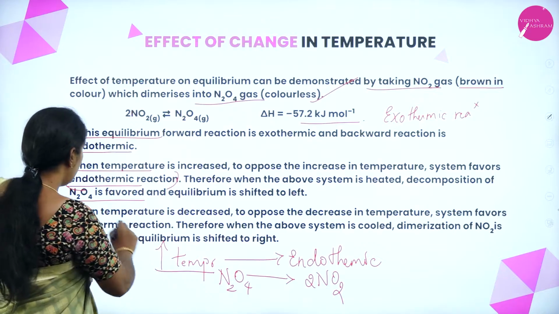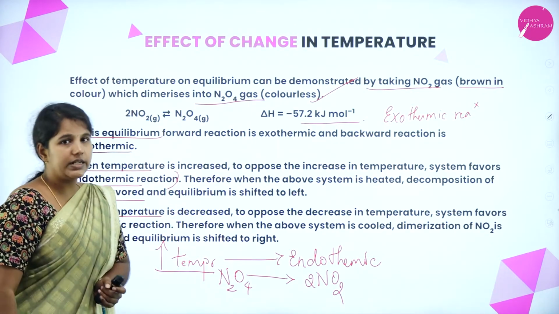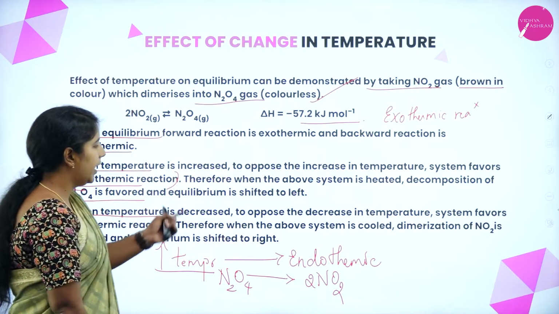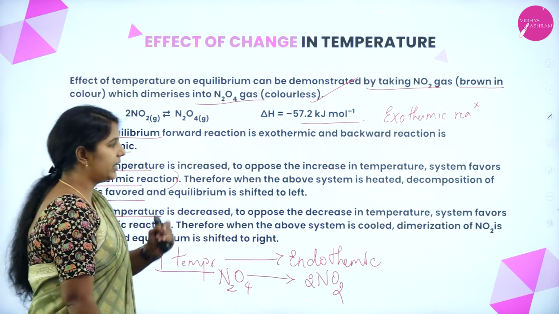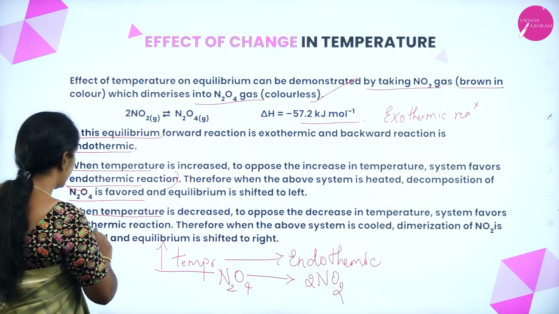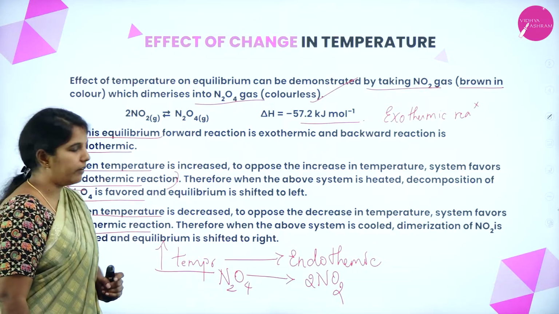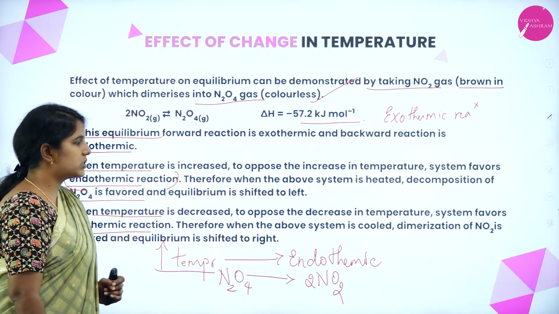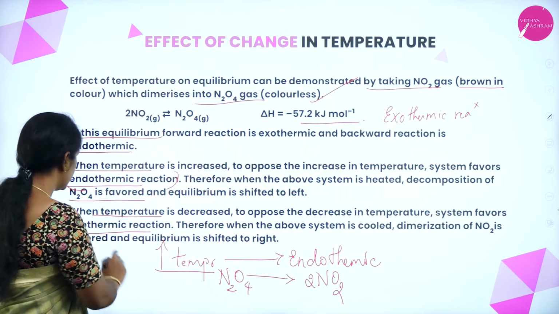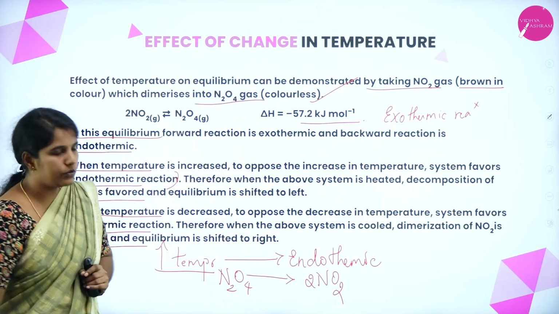Now, when you decrease the temperature, what will happen? It opposes the decrease in the temperature of the system, so that exothermic reactions will be favored. So, when the above system is cooled, the dimerization of NO2 is favored and the equilibrium will be shifted towards the right.